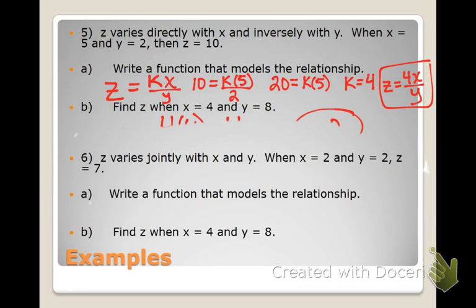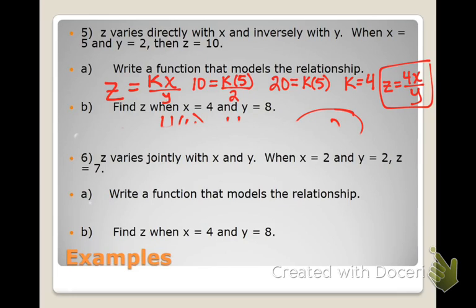On number 6, I'm going to get it started with you, and then you're going to take over and wrap it up. So the only thing that I'm going to do with you initially is write that very general, generic function form. So it says z varies jointly with x and y. Now when we see varies jointly, what type of variation are we supposed to think about?